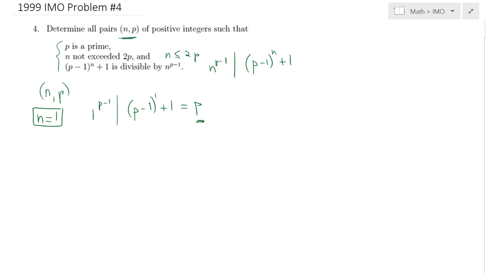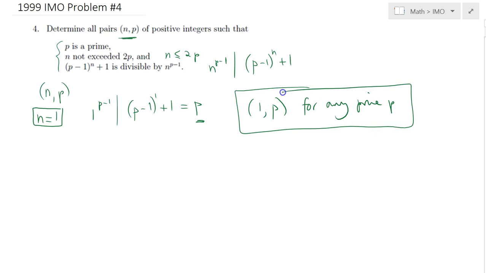As a result, one of the solutions will look like (1, p) for any prime p. So that's one solution. Therefore, for the sequel we can consider just the case where n is strictly greater than 1.